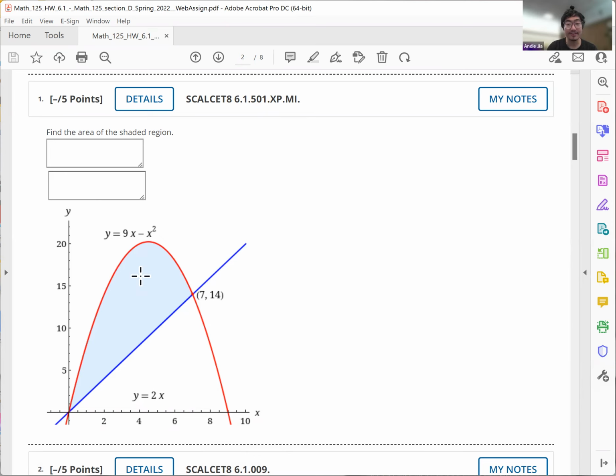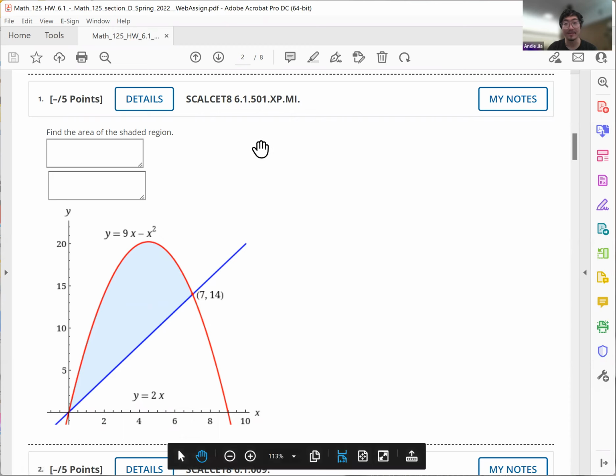You just use dx as the integration variable, and top minus bottom, dx. Make sure the interval is x values from x equal to 0 to 7. That is your upper bound and lower bound.